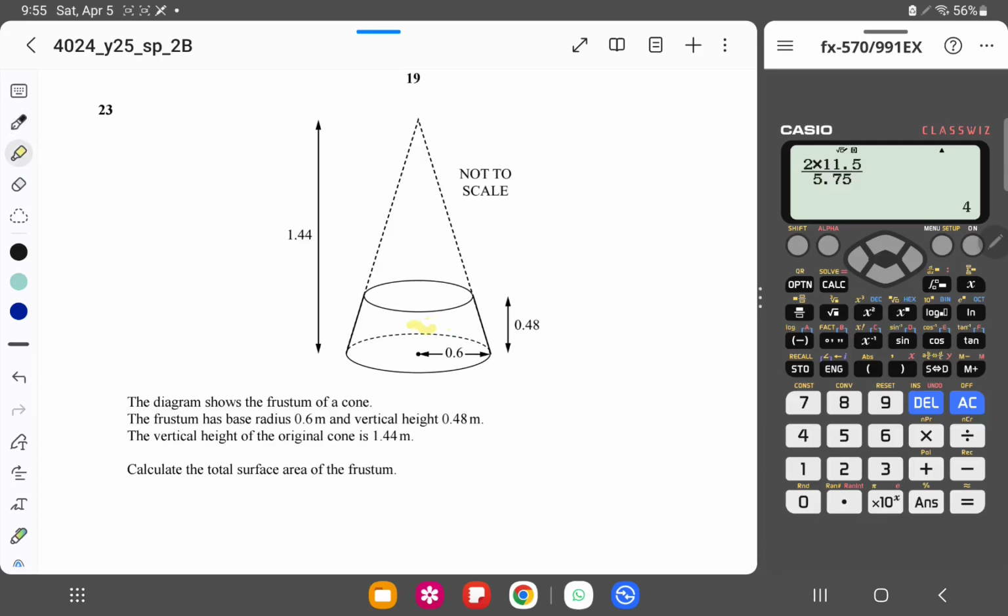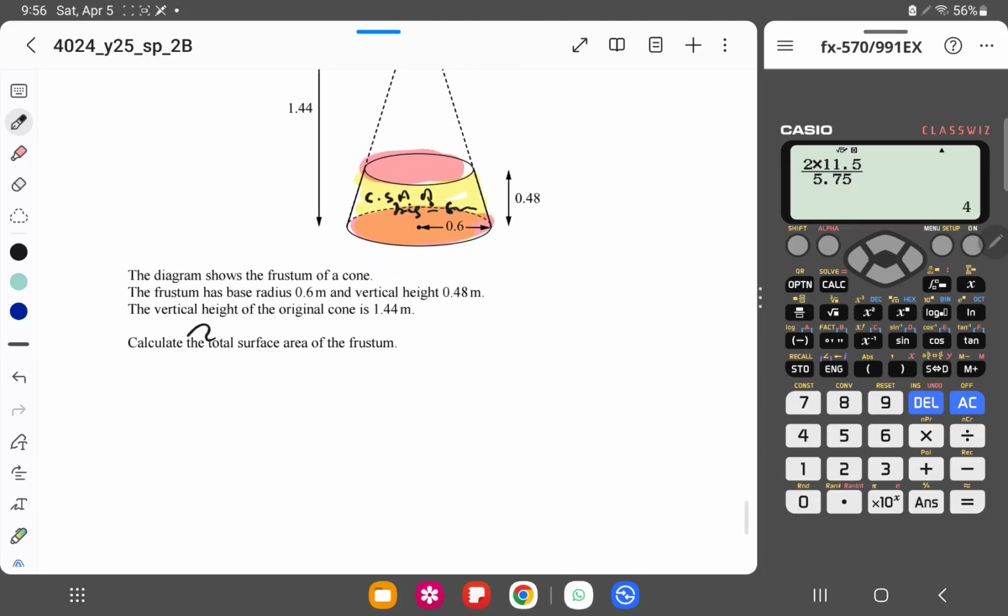The surface area means the curved surface area, which we find by the curved surface area of the bigger cone minus the curved surface area of the smaller cone. And then we'll include 2 more things: the area of the circle of the upper part and the area of the circle of the lower part. So let's find the heights of the cones first to get the slant heights of the bigger and the smaller cone.